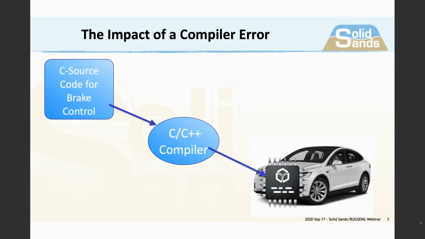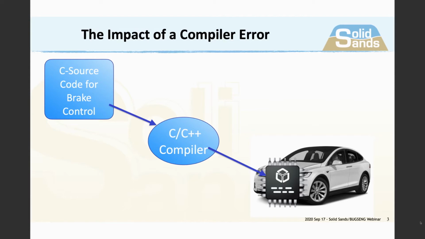But there's also a huge responsibility on the compiler to do the correct compilation of that program. Every single line in that program goes through the compiler and it ends up in the car, and possibly millions of cars. So there's a responsibility for the compiler as well.